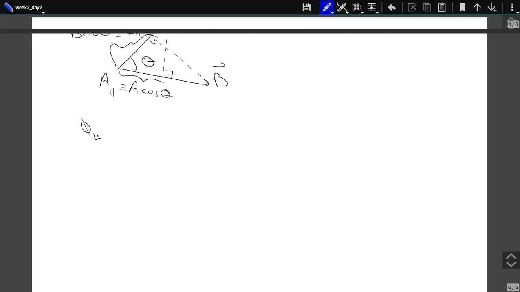Now we have defined the flux phi E to be E perpendicular times A. So this is perpendicular to the area that we are considering.